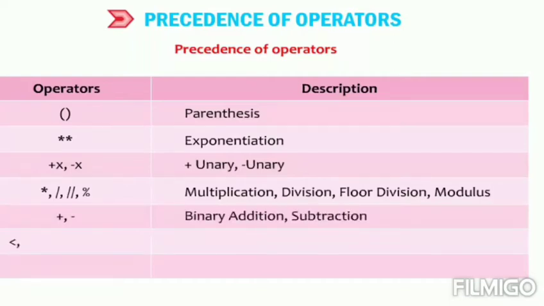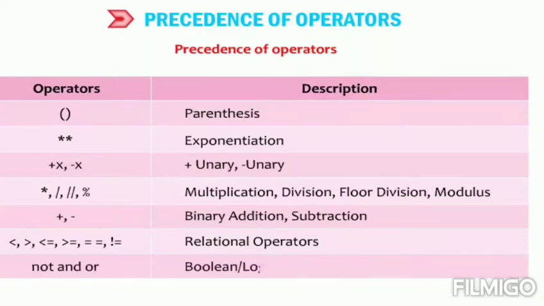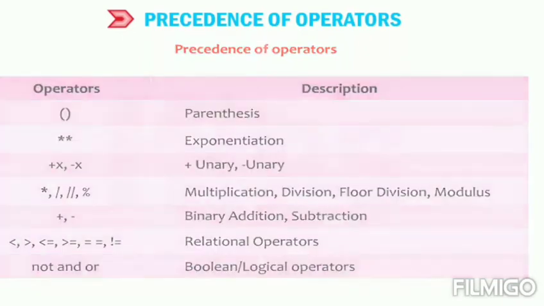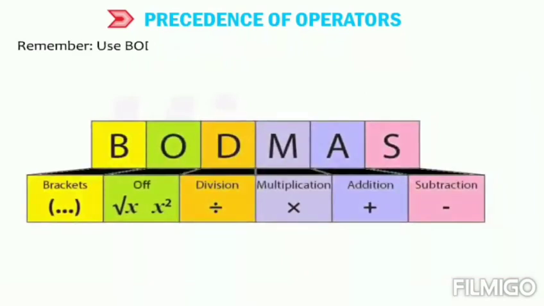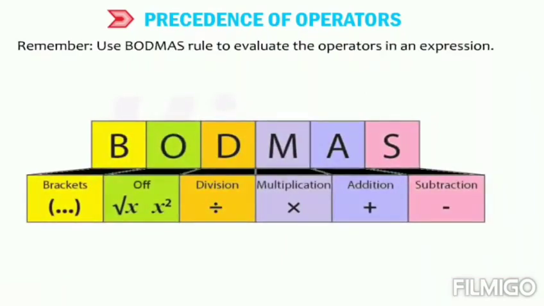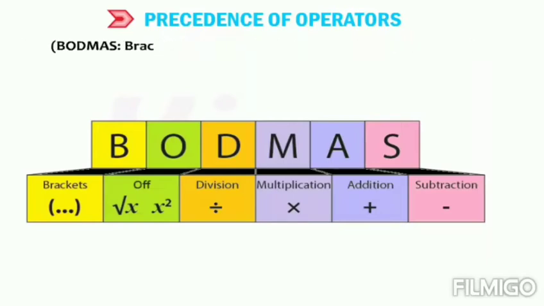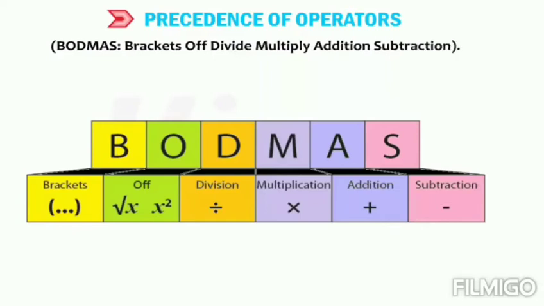Smaller, greater, smaller than or equal to, greater than or equal to, equal to, not equal to: relational operators. Not, and, or: Boolean or logical operators. Remember, use the BODMAS rule to evaluate the operators in an expression. BODMAS: brackets, of, divide, multiply, addition, subtraction.